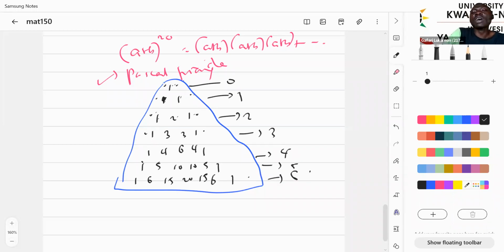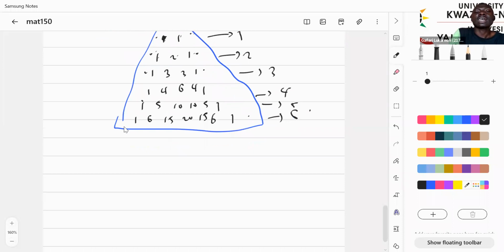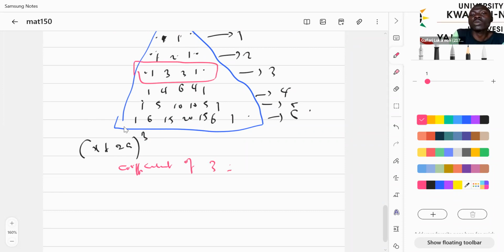For example, if I want you to expand x plus 2a everything raised to the power 3, I made mention of that in the last class. You don't need to stretch yourself. Write the coefficient of 3 first, like I've obtained here. What is the coefficient of 3? That is 1, 3, 3, 1. Then you take the numbers one by one.